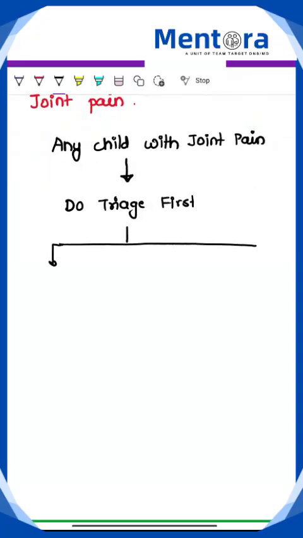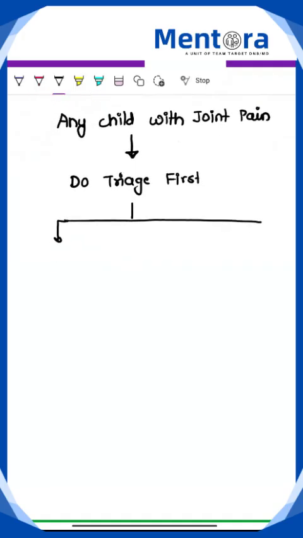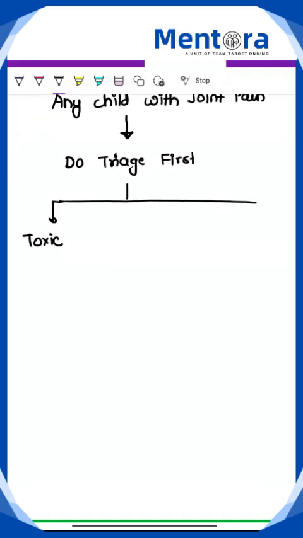See if the child is toxic or sick looking or non-toxic, so that we can start the management. If child is toxic, that means child is having red flag sign.